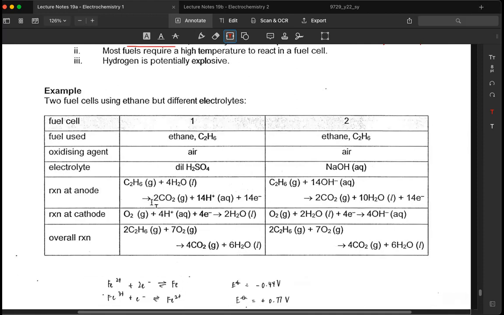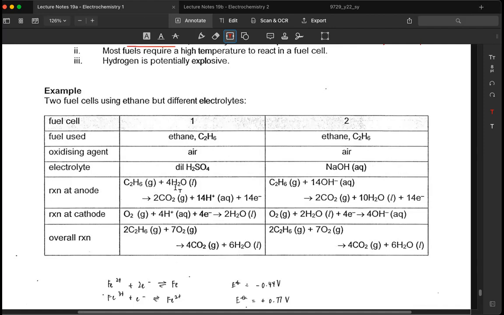So ethane, you can also use an electrochemical method to utilize ethane as a fuel instead of just combustion. This is another interesting way, not just combustion where you form CO2 and water, right? The overall equation is still like combustion, but you can use the electrochemical cell to do it this way.